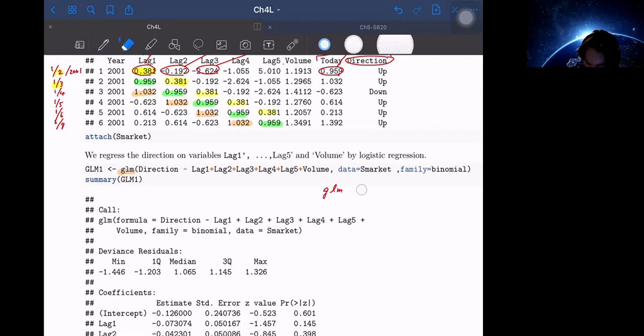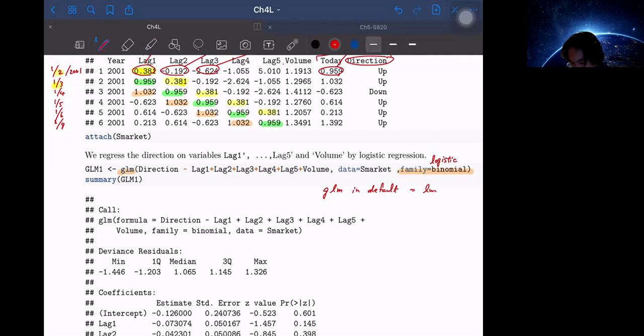But if we specify family equal to binomial, then this becomes logistic regression, the binary regression.